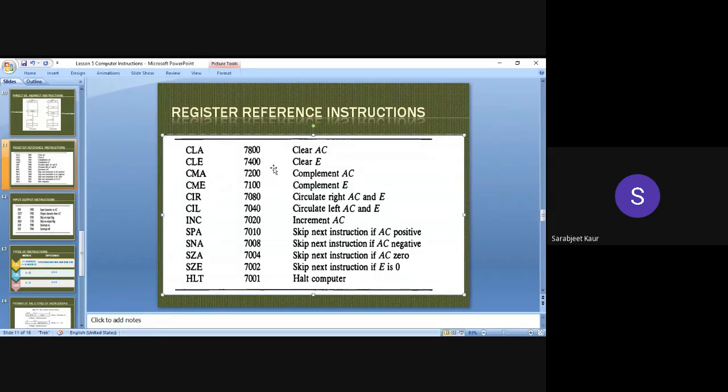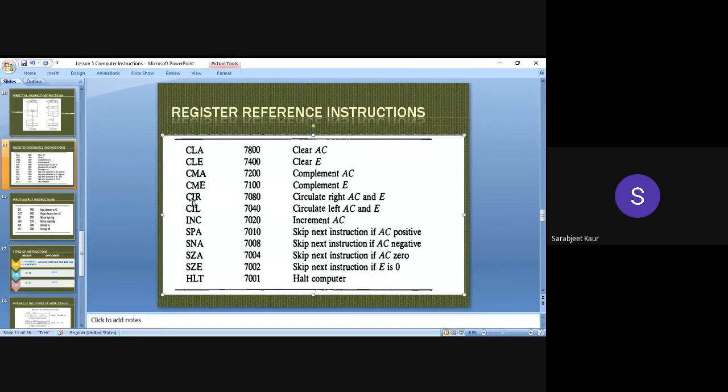Complements will come in chapter number 3, so I'll take it there. But the idea is, this is an operation which is to be performed on the accumulator, and complement E means this is an operation which is to be performed on the extended bit E.